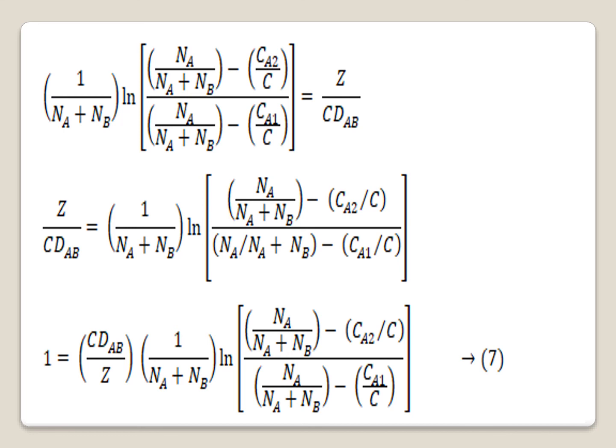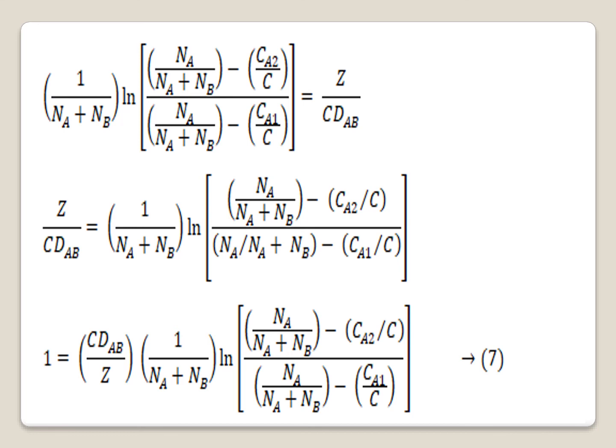Okay, so just to rearrange, z by C into DAB is equal to 1 by (NA plus NB) ln of (NA divided by (NA plus NB) minus Ca2 by C) whole divided by (NA divided by (NA plus NB) minus Ca1 by C). Are you clear now? Yes. So here the LHS has z by C into DAB.